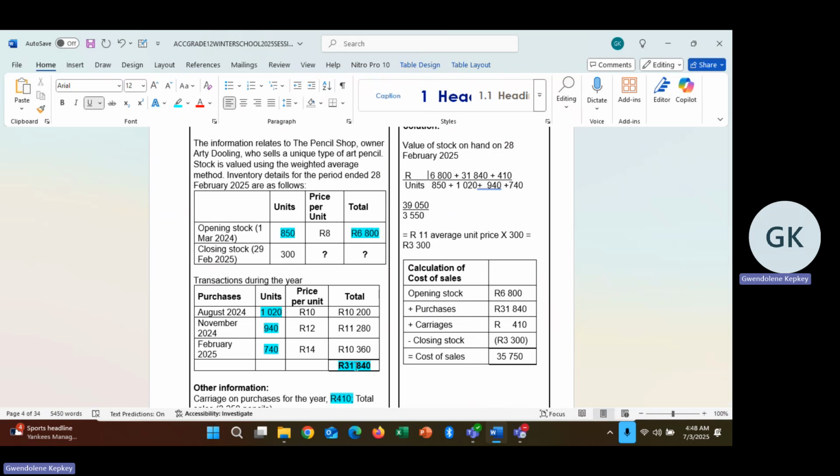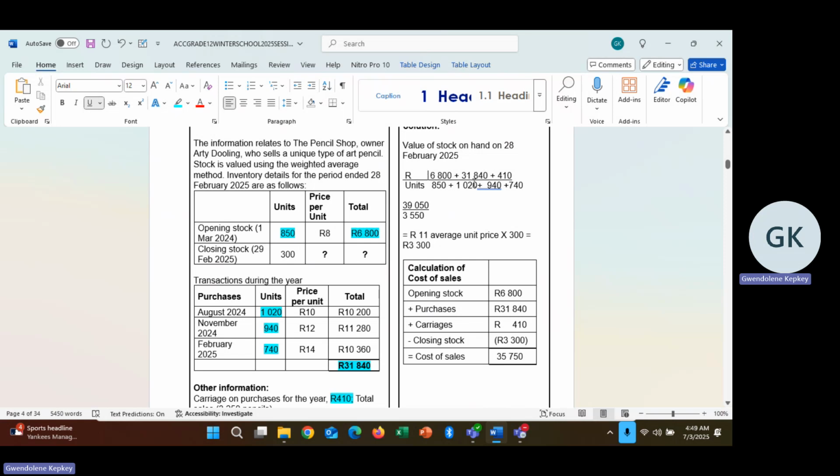Intertwined with the purchases will be my carriage on purchases. So this 410 will be added. That forms my numerator. Now, very important for you to remember is that once we do this calculation, you simply link your rand value to your number of items.